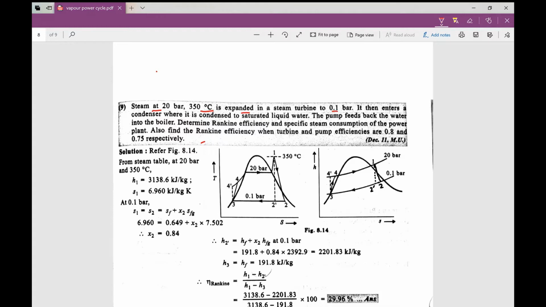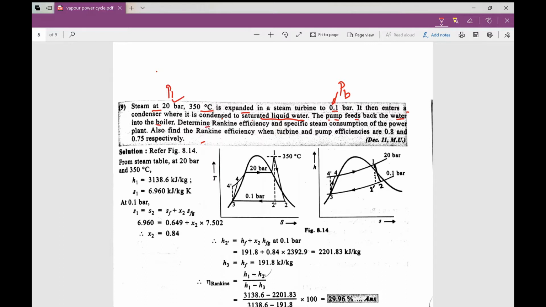So P1 is given as 20 bar. This is your P1, and this is your boiler pressure or condenser pressure, 0.1 bar. It then enters a condenser where it is condensed to saturated liquid water. The pump feeds the water back into the boiler.